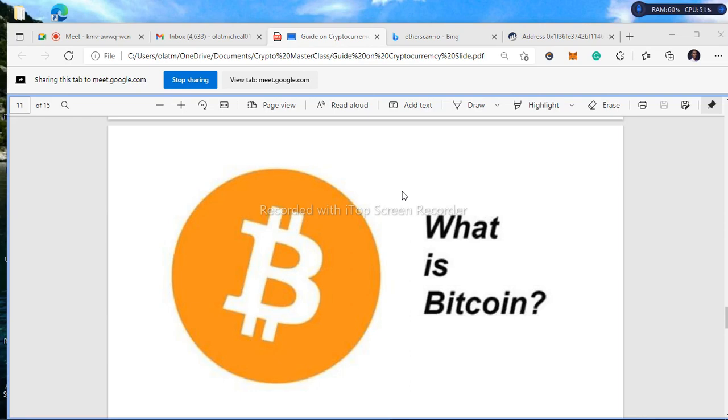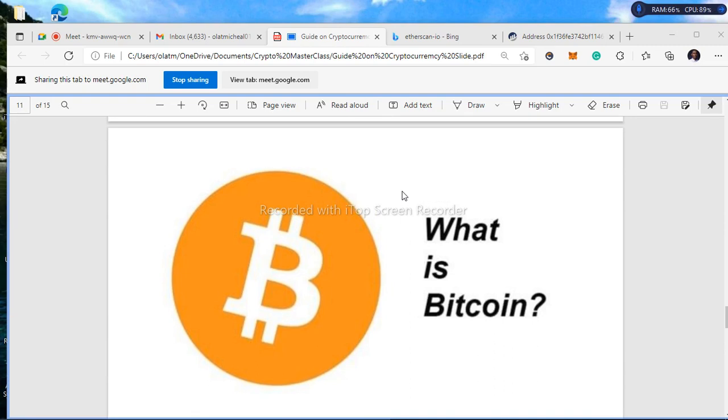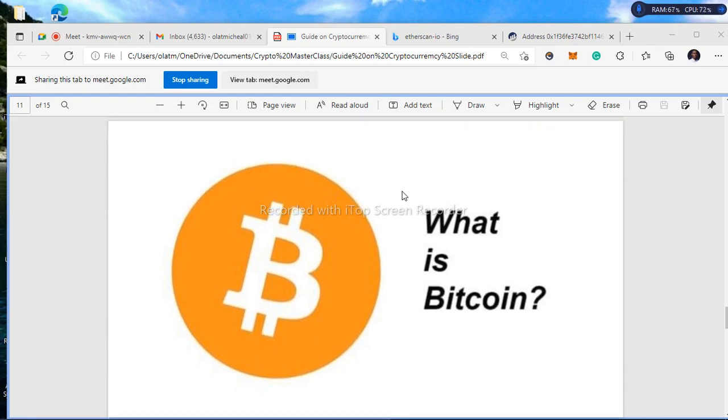He started his publication about Bitcoin in 2008. Then in 2009, he mined the first Bitcoin, precisely on January 3rd, 2009, to show that this thing is actually working, just like I've said earlier.